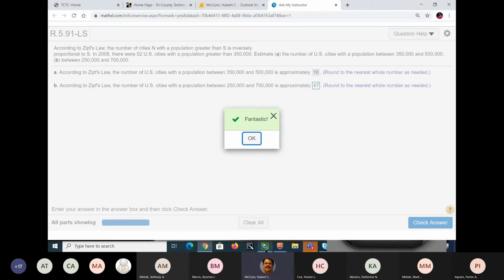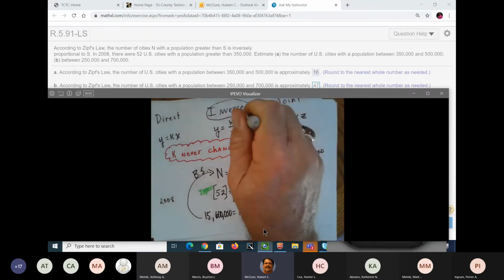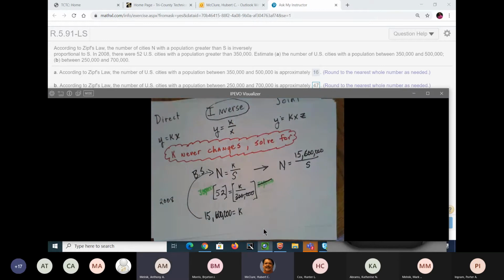It's centered around variation. So even though your method works the way you're doing it, Mr. Melnick, for part A, evidently that's fine, but it's not going to work every single time because they want you to use the inverse variation. Yeah, I don't know how to do that because they didn't let me have question help.